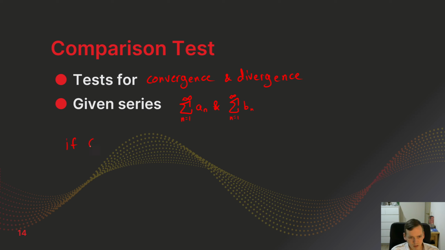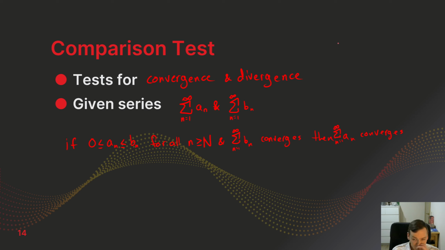If 0 is less than or equal to a sub n is less than or equal to b sub n for all n greater than some random n, I'll explain this in a second, and the infinite series n equals 1 to infinity of b sub n converges, then a sub n converges. And this one also converges.